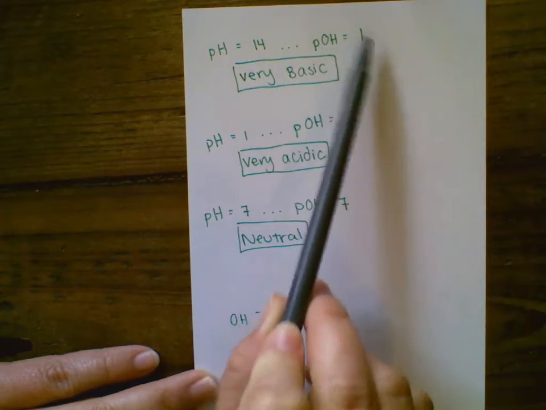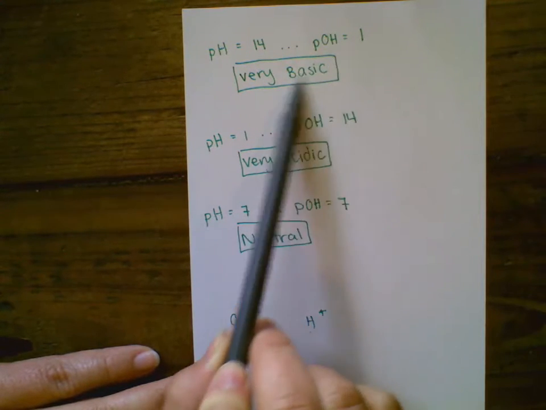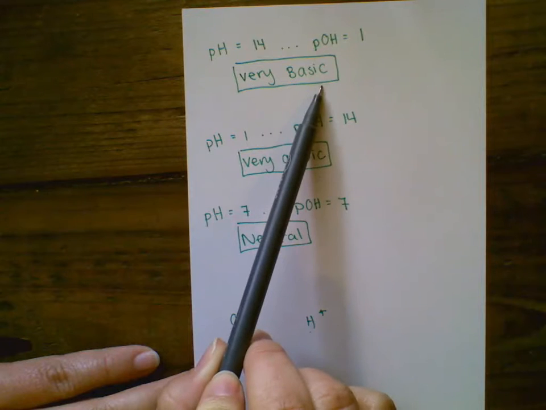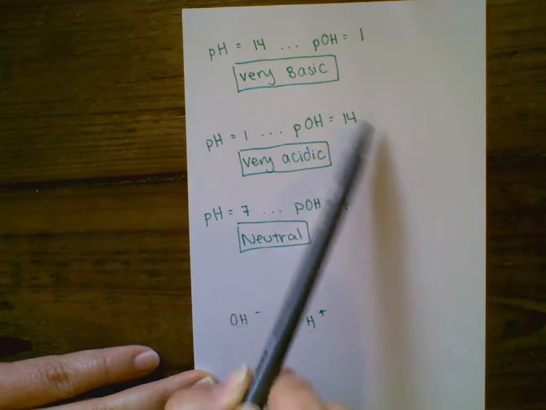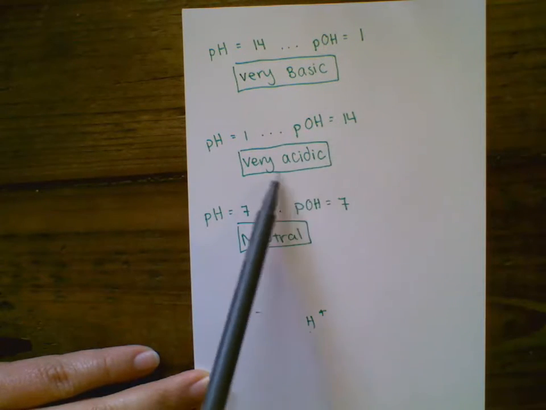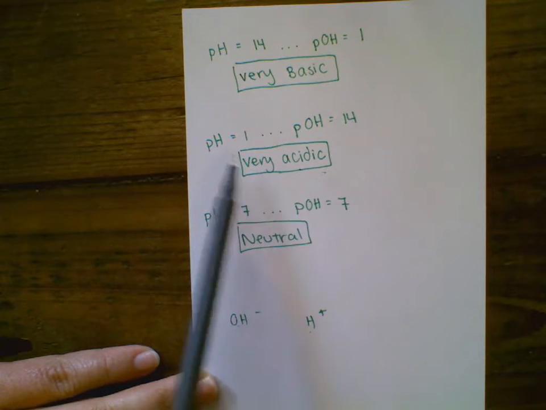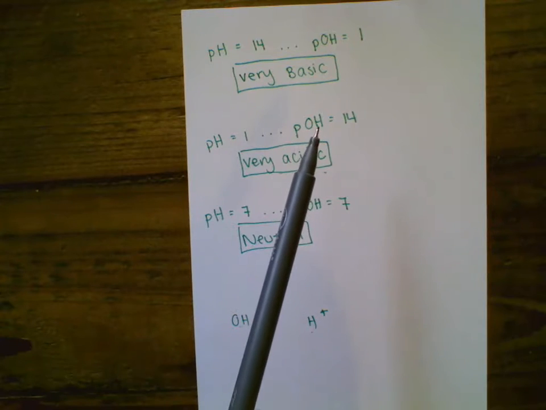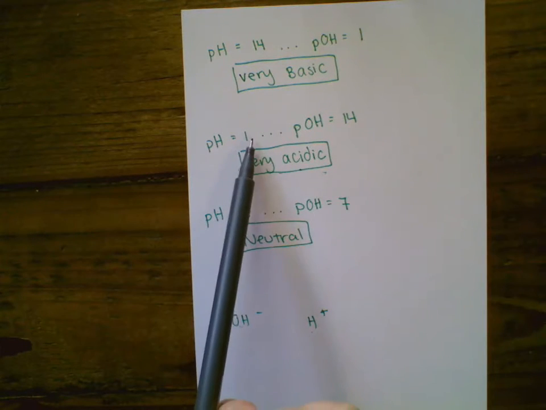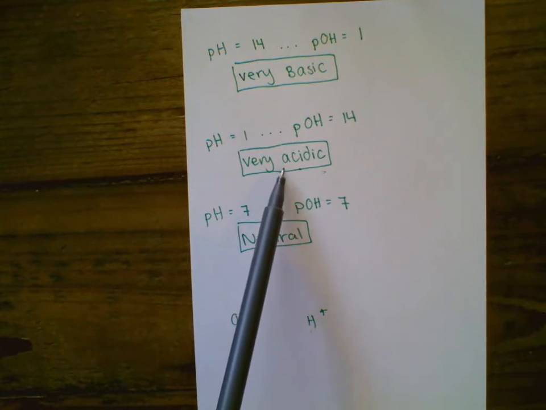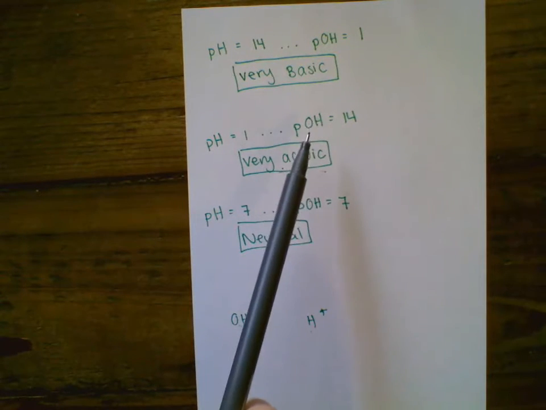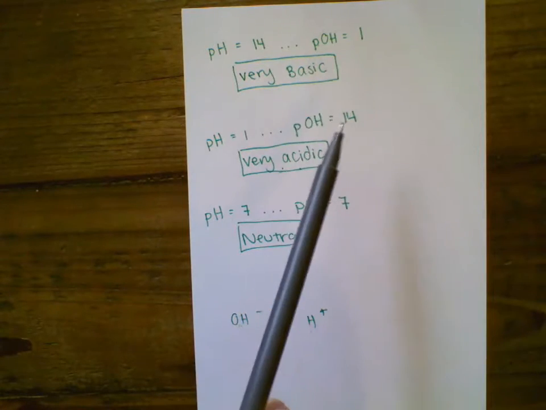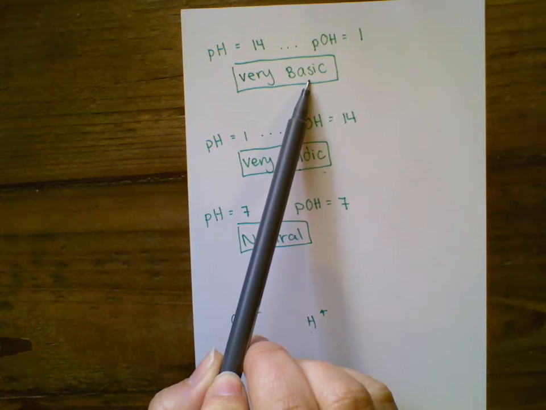So our low pOH numbers between 1 and 7 are going to be our basic solutions, and our high pOH numbers between 7 and 14 are going to be our acids. So that's opposite of what we said yesterday with pH. If we're thinking about pH, the closer it is to 1, the more acidic it is. But for pOH, the closer it is to 1, the more basic it is.